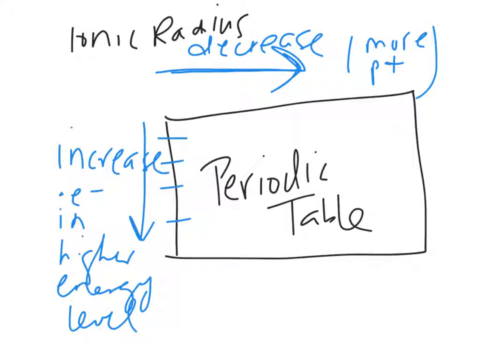So as you move from left to right across the periodic table, more protons, I had to tell my dog to stop barking, so more protons are pulling those electrons closer to the nucleus, and you get a smaller radius going from left to right across the periodic table.